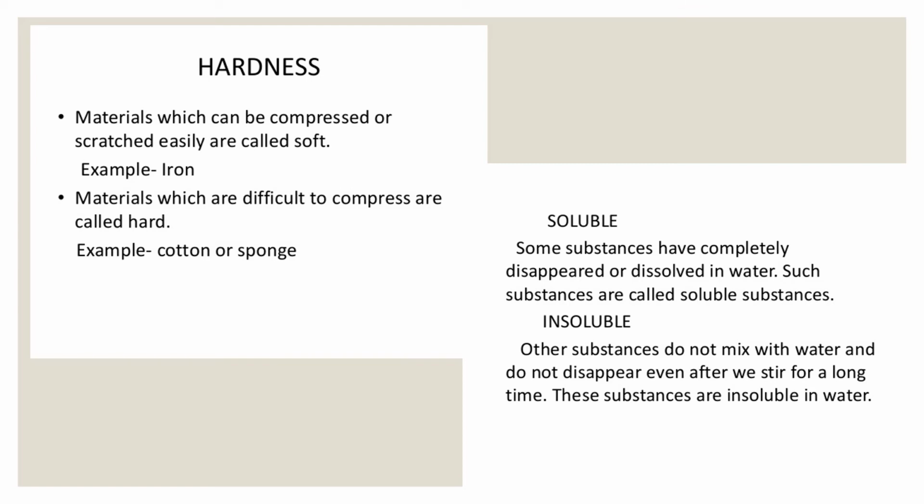Then the next property you can see here is solubility. Some substances completely dissolve in water. For example, if we try to dissolve salt in water, it dissolves completely. But if we put some soil into the water, what will happen? After some time, the soil will settle down.